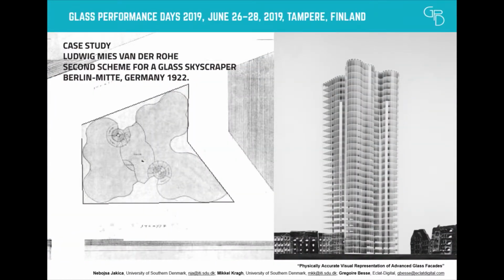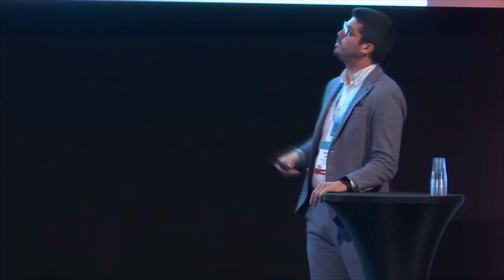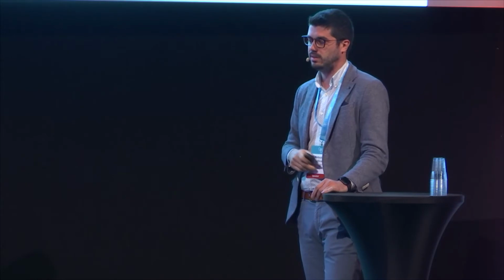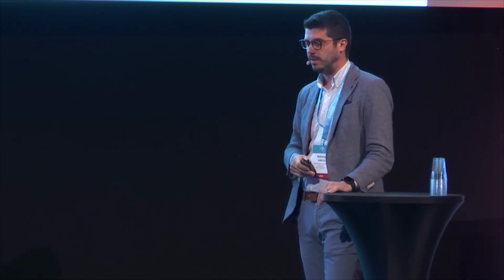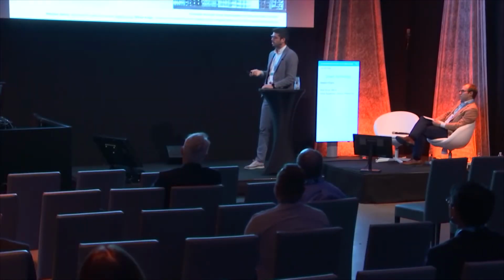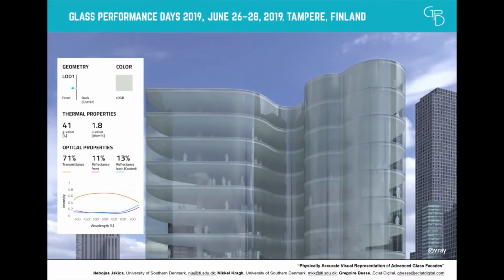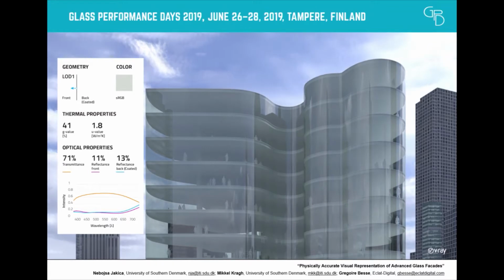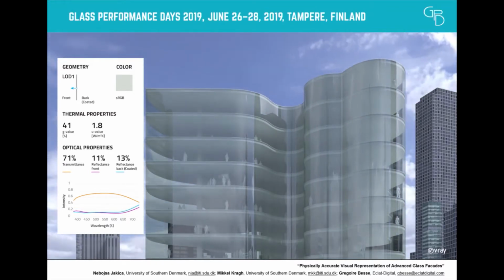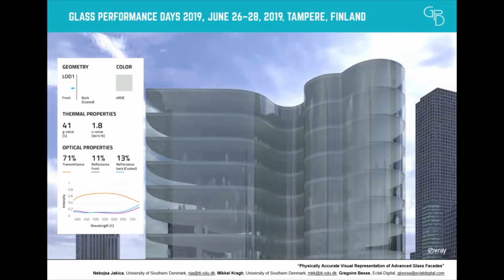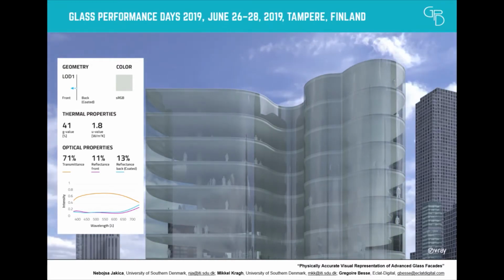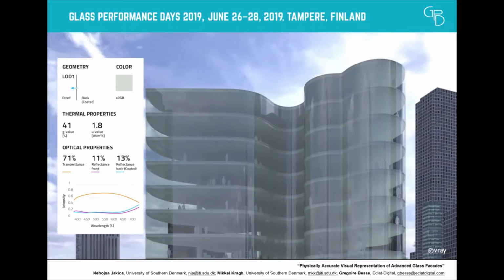And we also tested the workflow on the glass skyscraper by Mies van der Rohe. That is actually the first sample of the glass skyscraper that made the revolution that we see today. And it is actually the perfect example to show all the differences between the transparency, reflections, multiple reflections, self-reflections, and self-shadowing on the same building with the same glass.